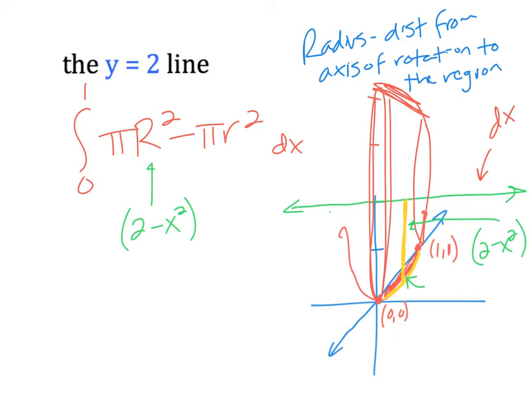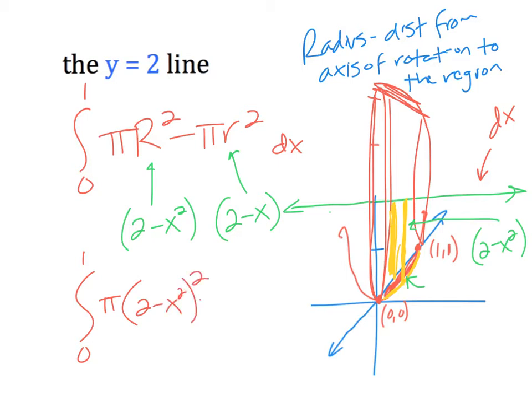And then the inner radius is going to be, again, that distance from the y equals 2 line to, in this case, the other function, so the y equals x line. And so the smaller radius, top minus bottom, would be the y equals 2 line minus the x function itself. And so the setup would be the integral from 0 to 1 of pi, sub in my bigger radius squared minus my smaller radius squared.